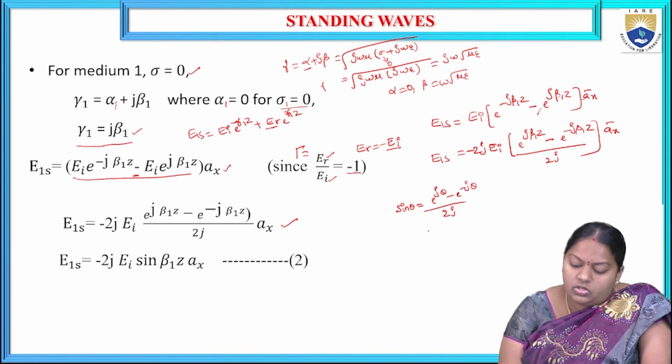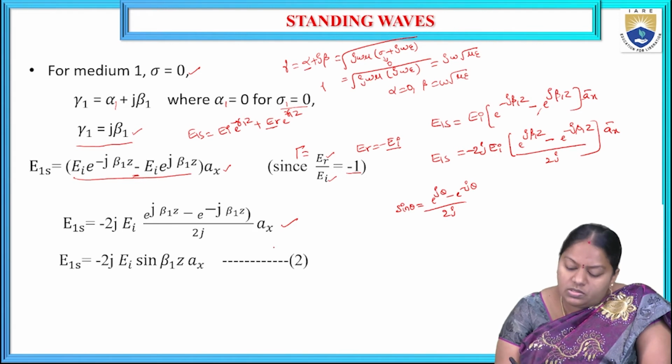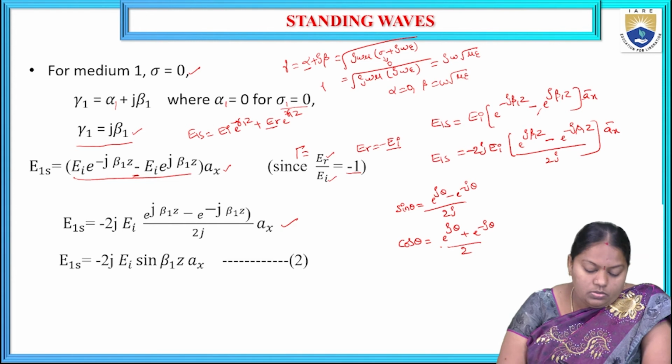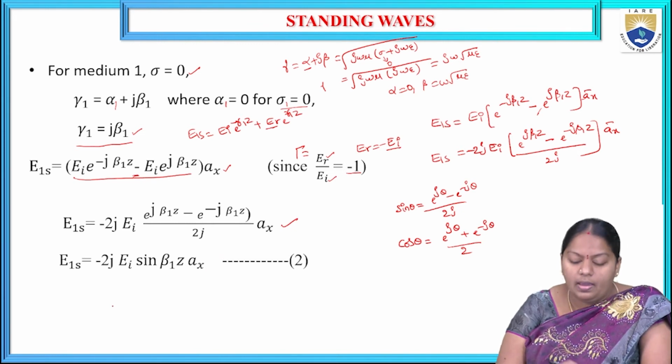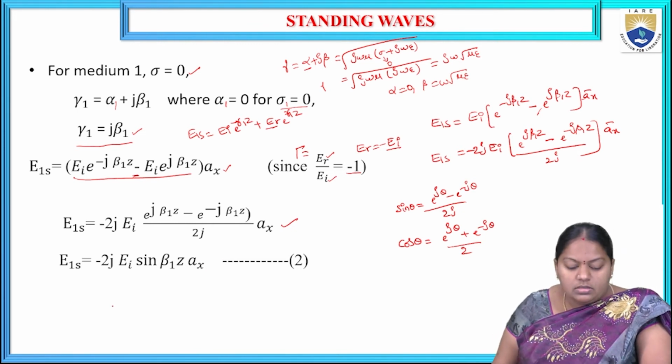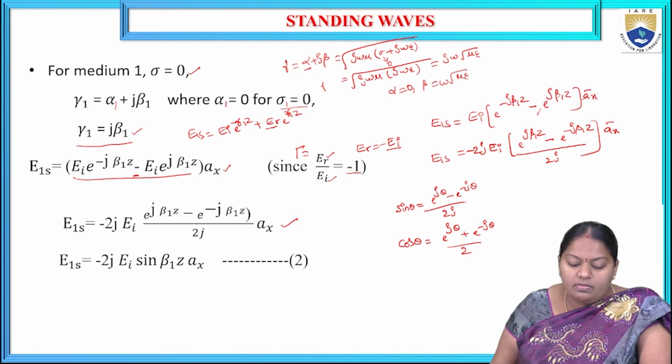Suppose you want to write it for cosine, cos θ is equal to (e^(jθ) plus e^(-jθ)) by 2. So it becomes E1s equal to minus 2j EI sin β1z ax. Now this is the standing wave equation in medium one, including the sinusoidal function.